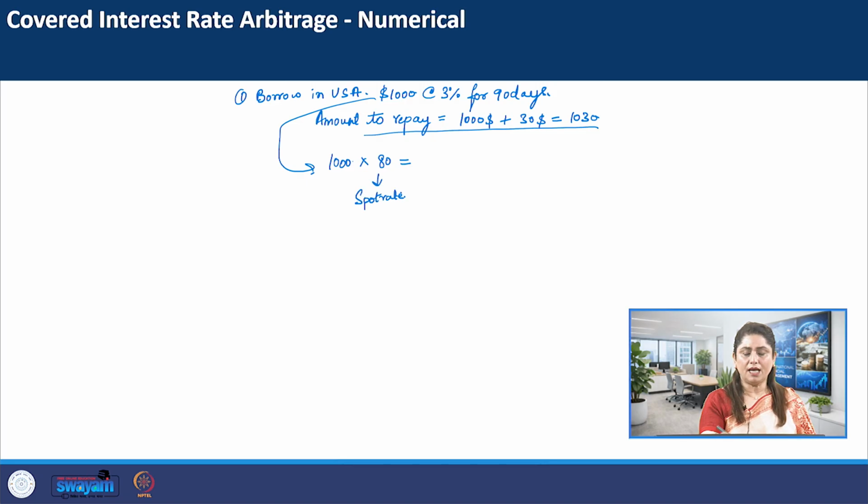So we are doing it at the 0th period. What we are trying to do is take advantage of the interest rate differential, and since in India the interest rate is high, we are going to invest in India and borrow from USA where the interest rate is low. So here we get 80,000.